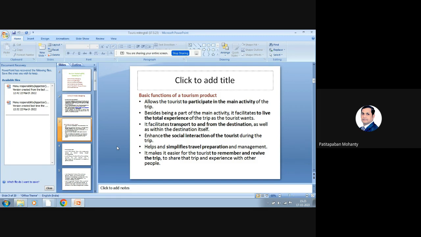Yes, the product is such a thing which enables the tourist to have remembrance, or to provide some kind of nostalgia, and to revive the trip. Also, it gives a very live experience to the tourist. So that's why it helps in remembering and reviving the trip.